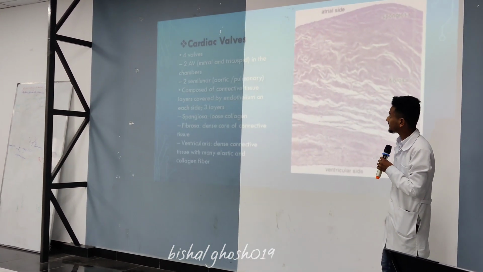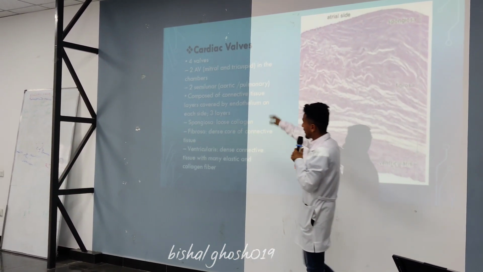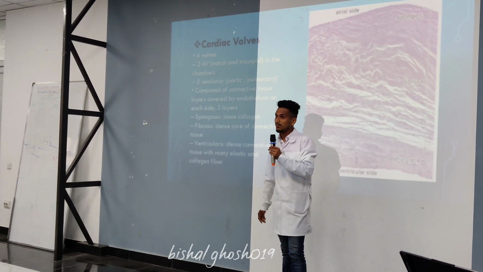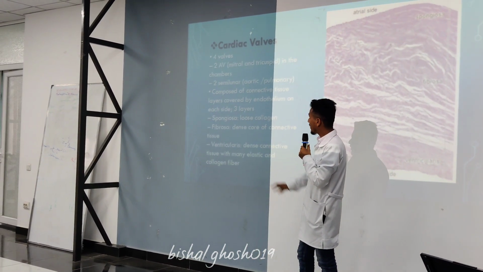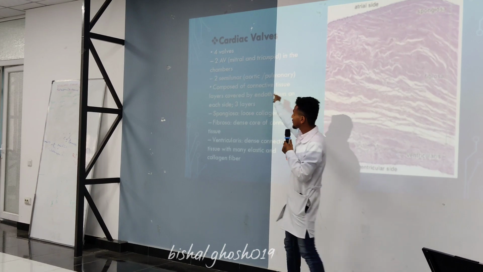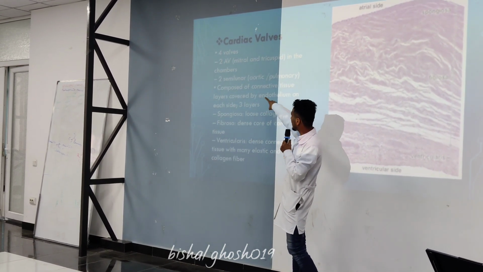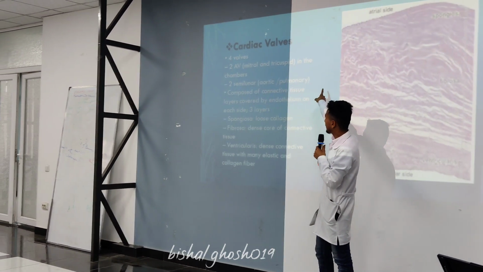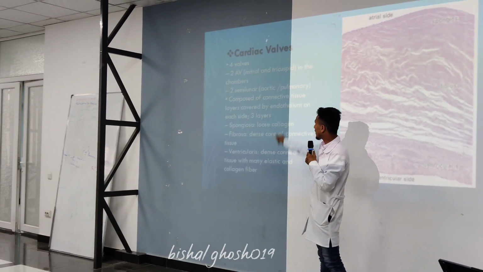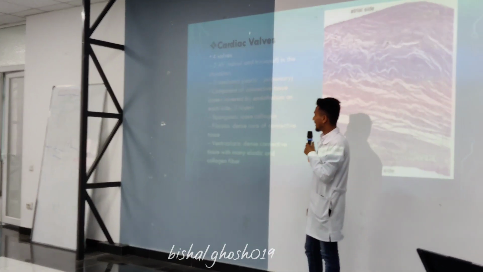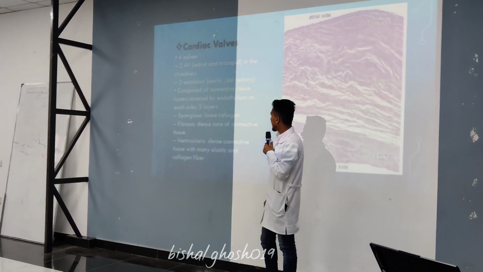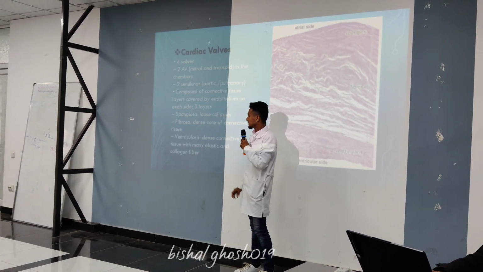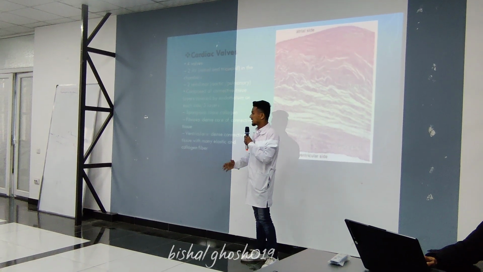Okay, next. Cardiac valves. There are 4 valves: 2 atrioventricular valves between the chambers, and 2 semilunar valves, aortic and pulmonary. They are composed of connective tissue layers covered by endocardium on each side, with 3 layers.